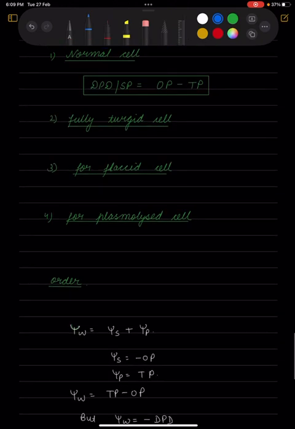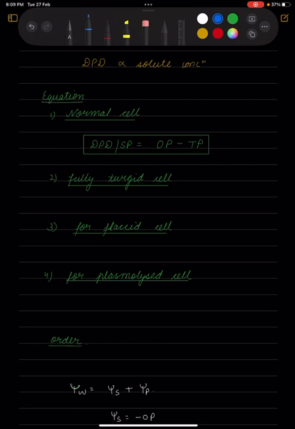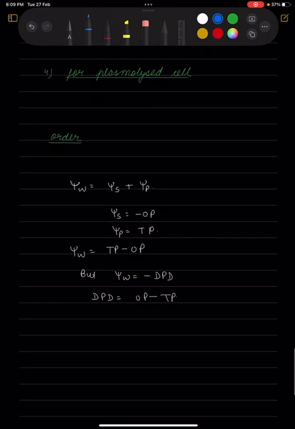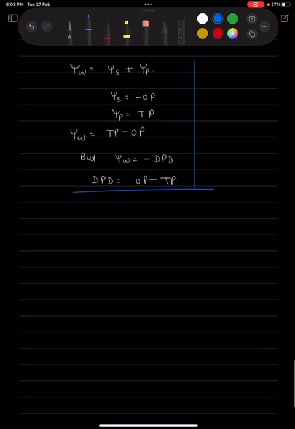There are some equations we need to discuss. Diffusion pressure deficit is equal to osmotic pressure minus turgor pressure. How can we prove this equation? Let us see. We know that water potential is equal to solute potential plus pressure potential.